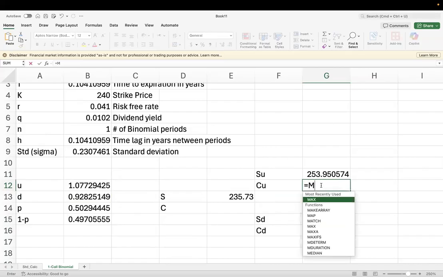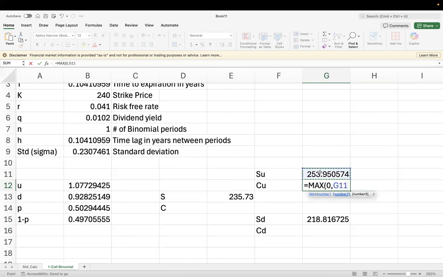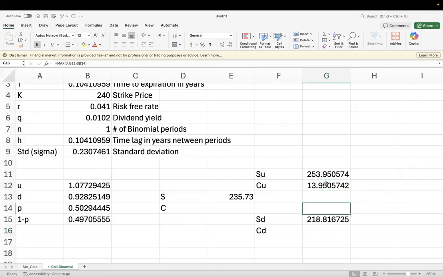Now what's the formula for CU? CU is max of 0 and then this minus strike price. So strike is 240. I want to fix the strike price, but not that's SU, because later on I want to use this formula and put it right here. Here, here.